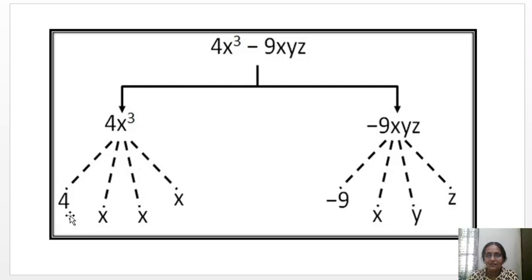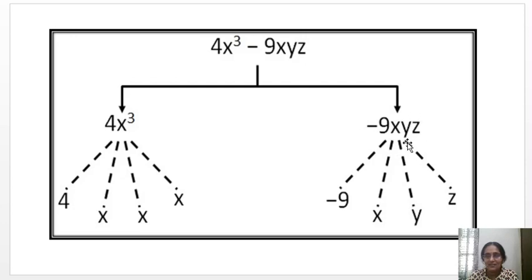That means when 4, x, x and x are multiplied, you will get the term 4x power 3 or 4x cube. These broken lines show that they are factors of 4x cube. Minus 9xyz is the second term of the expression.